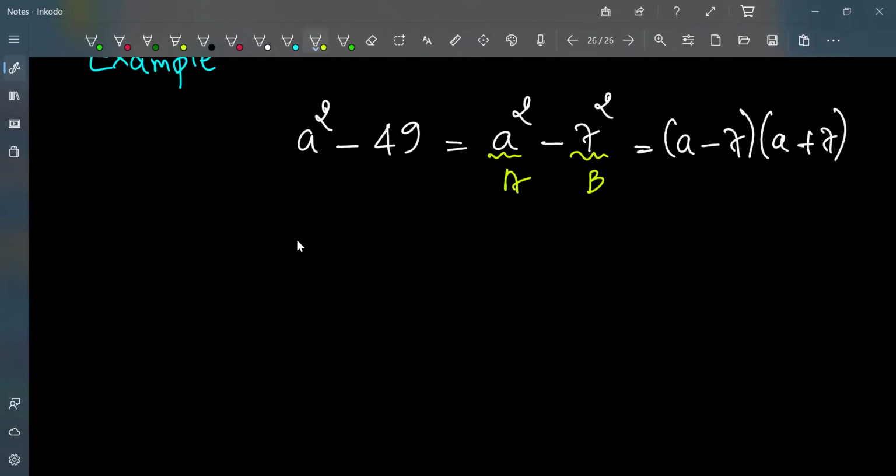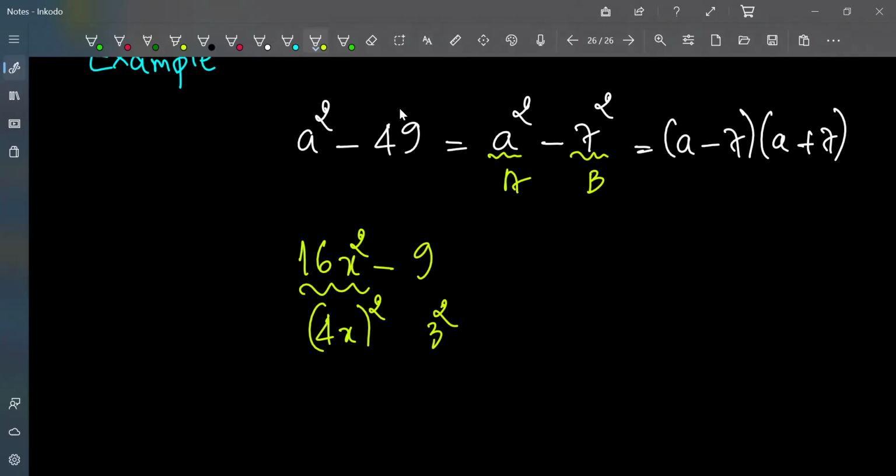Okay, so let's take a look at the second exercise. Now if I have 16x square minus 9, I can write 16x square as 4x square, and 9 as 3 square.